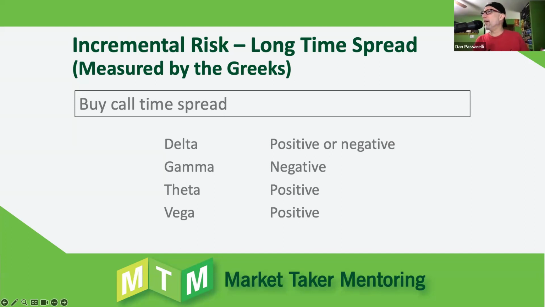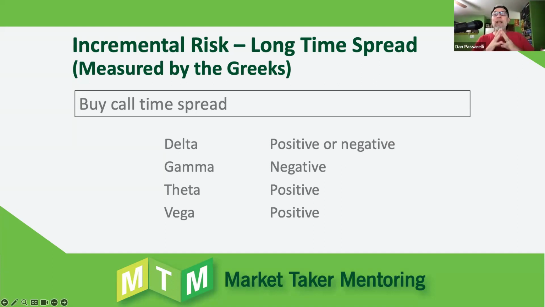That sounds weird. What is Passarelli talking about today? Is he crazy? What's going on here? Well, we have to look at the individual implied volatilities of each option, the short-term and the long-term one. Why?